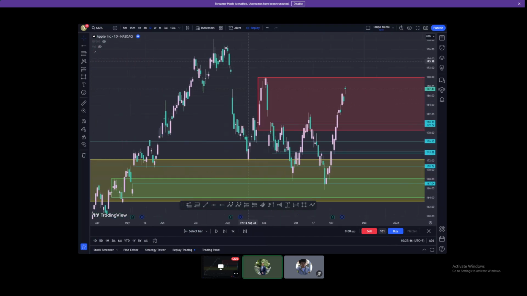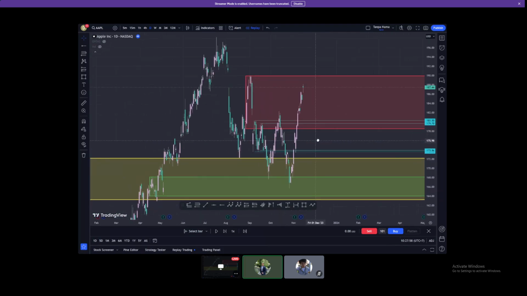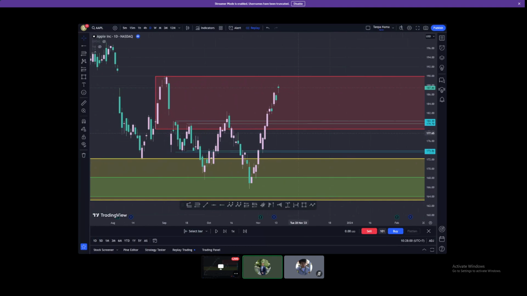So the market gapped up after printing an inside daily candle. My thinking would be that the market wants to go and take out the liquidity to the upside. It's going to fill that gap, and then we'll see what happens from there.